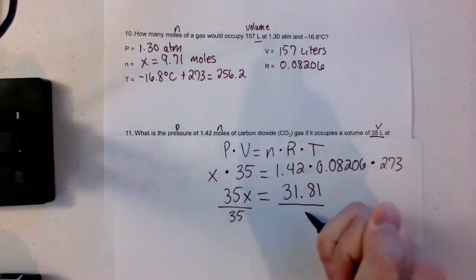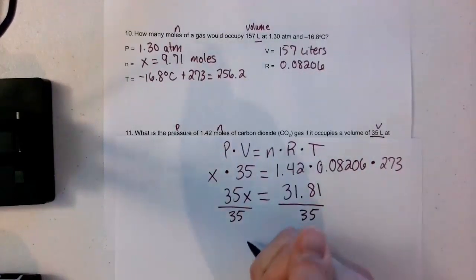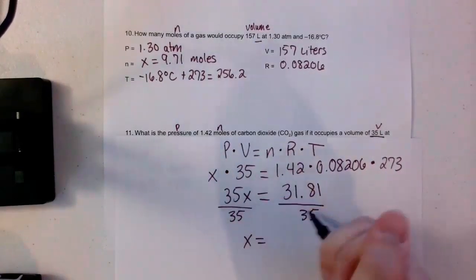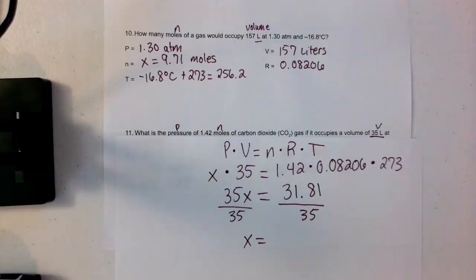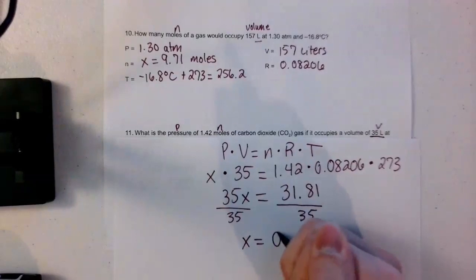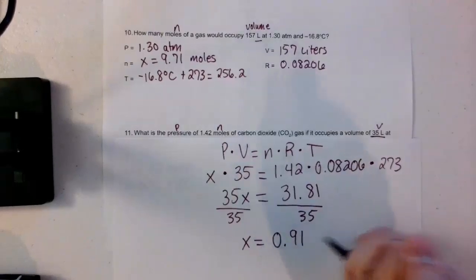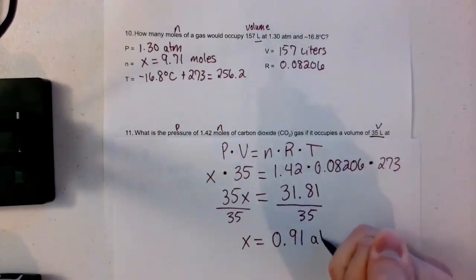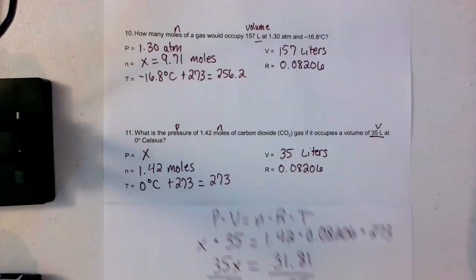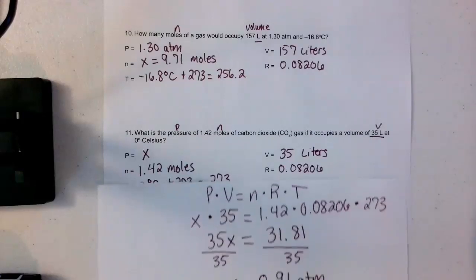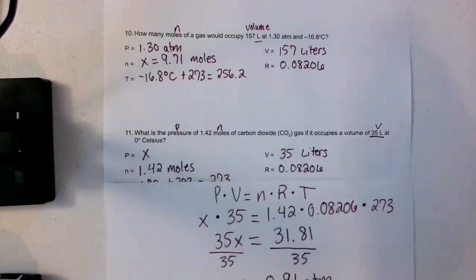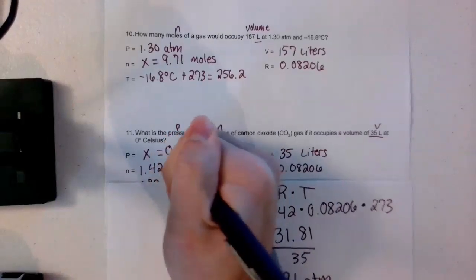Whatever I do to one side, I have to do to the other side. So X is going to be equal to 31.81 divided by 35. And that gets me 0.90885, so I'm just going to round mine to 0.91, and it's going to be atm because it's a pressure. So now you can fill in the 0.91 up here.